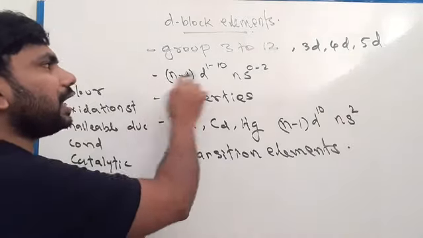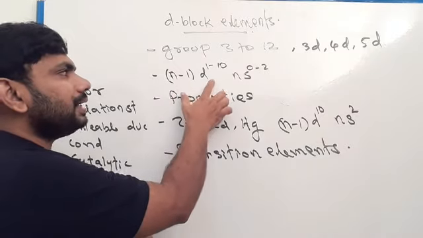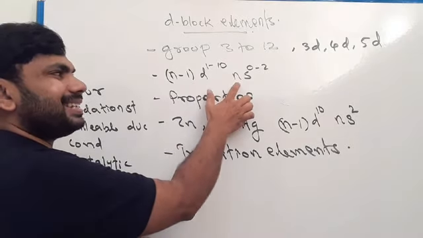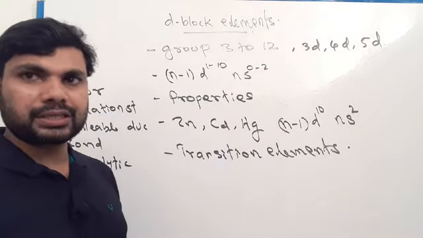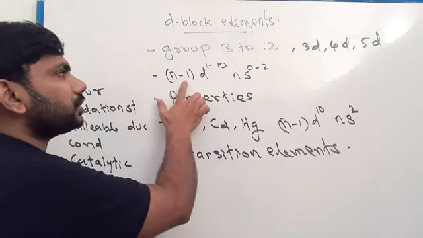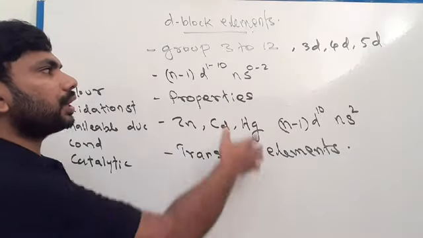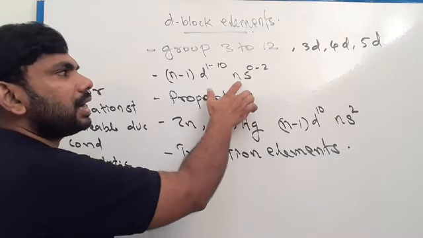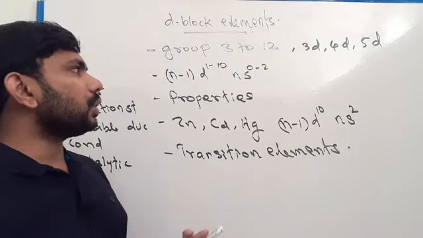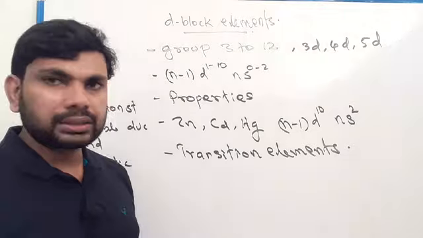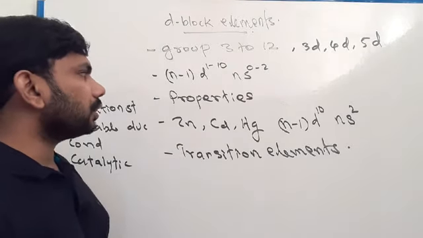These are the general electronic configuration of D block elements: (n-1)d 1 to 10 electrons, ns 0 to 2 electrons, depending on each element. Here n will change, 1 to 10 electrons are possible in the d orbital, and in the s orbital it will be 0 or 1 or 2. These are the possible outer shell electron configurations.